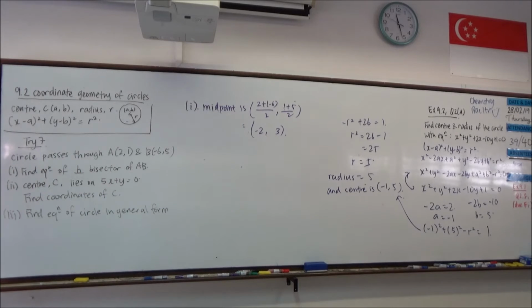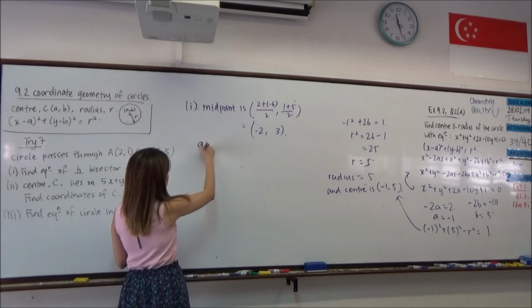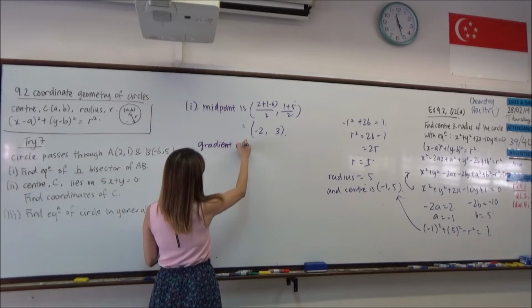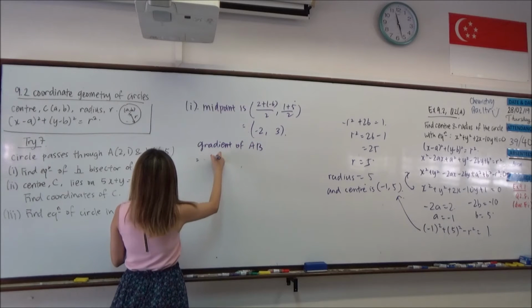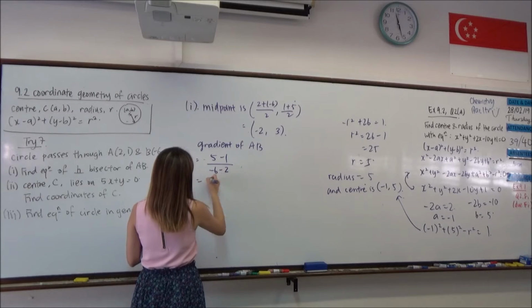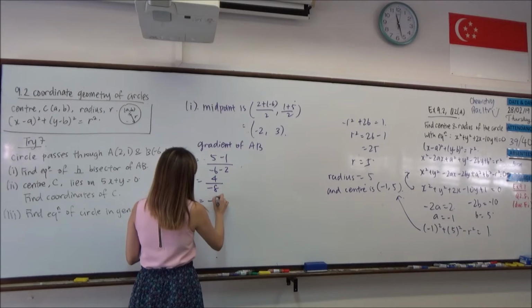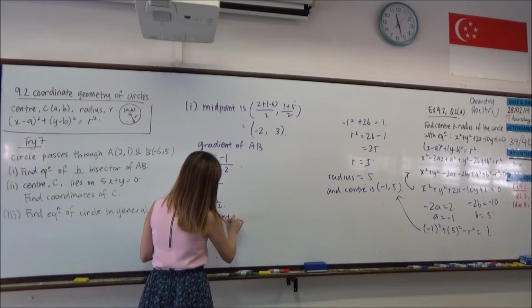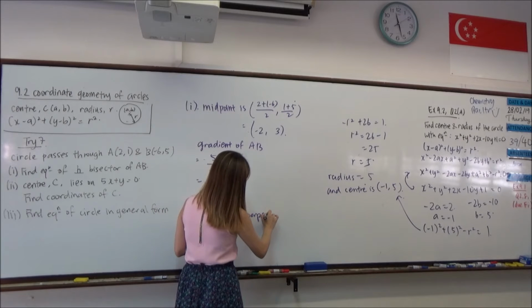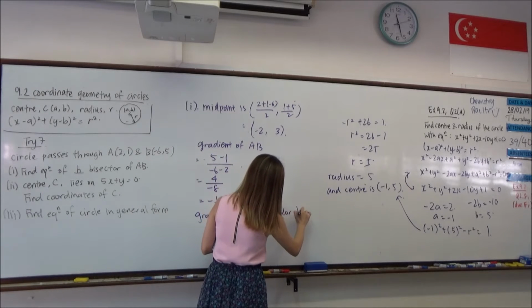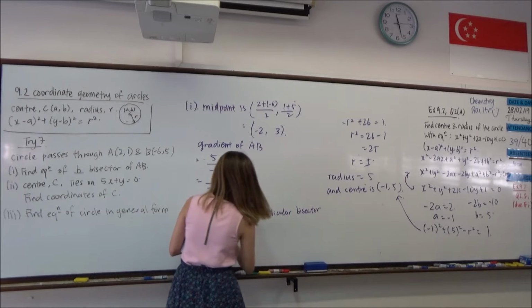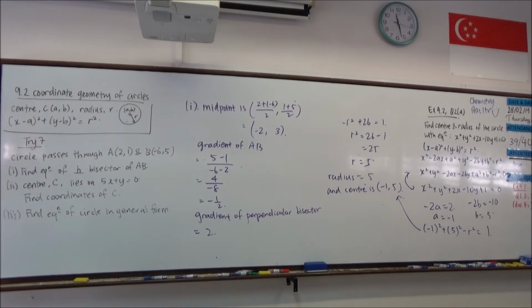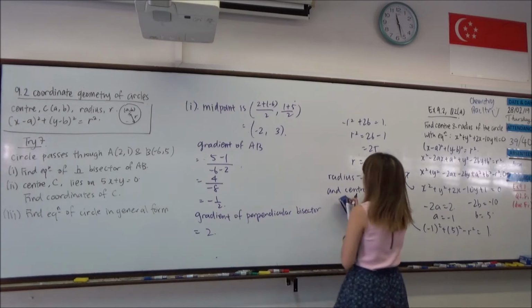Finding the midpoint, and then after that we find the gradient of AB. And therefore we find that the gradient of the perpendicular bisector will be equal to 2. Then after that we will be able to find out what is the equation of the perpendicular bisector.